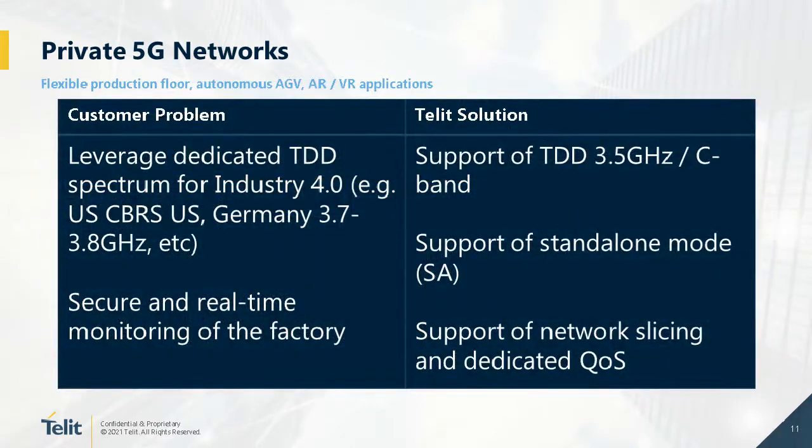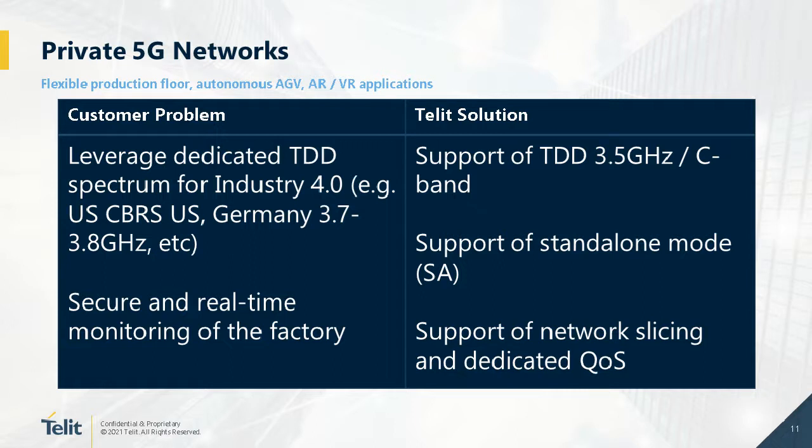Now, looking at what are the problems that we can solve with the tele solutions, in the 5G product we have developed, which are M.2 data cards, we do support the TDD bands that are essentially used in private deployments, like CBRS band 48 for US, Germany that is using band N78, so actually a part of that spectrum in the range of 3.7, 3.8 gigahertz.